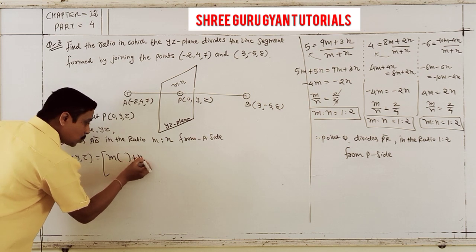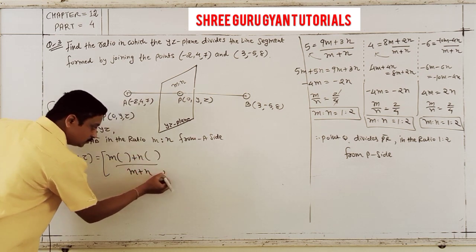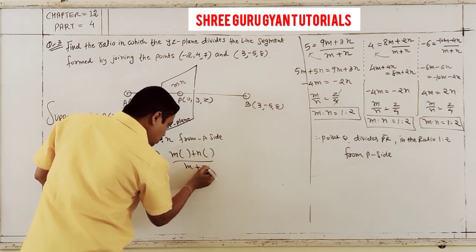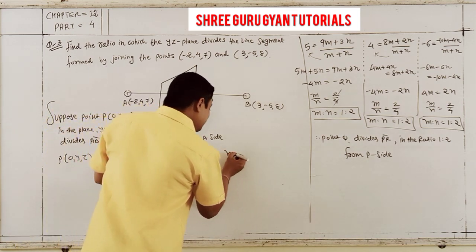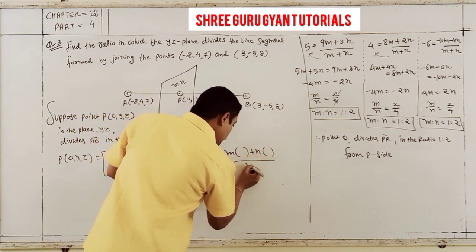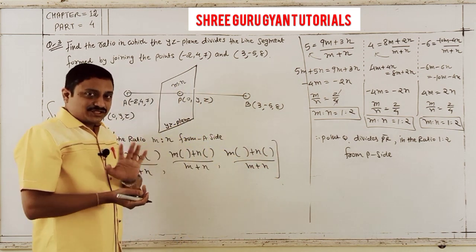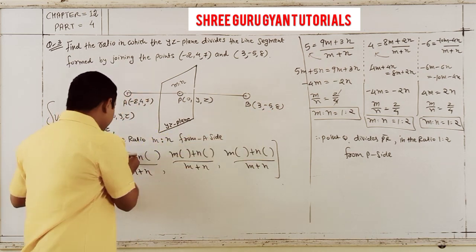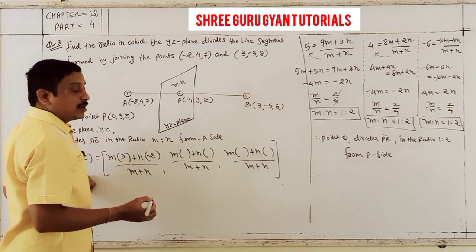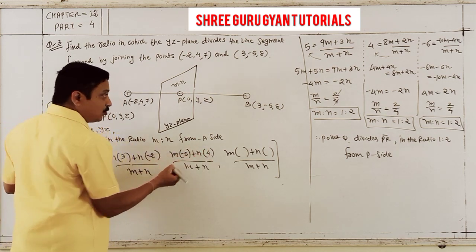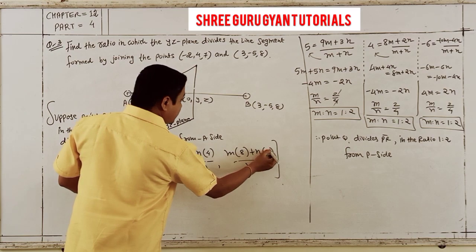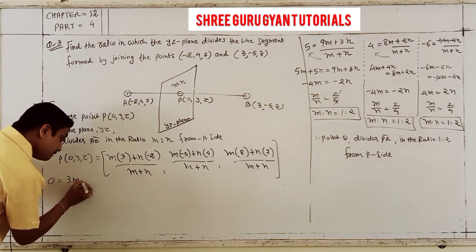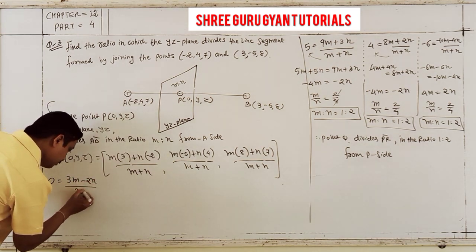So (mx2 + nx1) over (m + n). Similarly, (my2 + ny1), and the same with (mz2 + nz1). Considering x1, y1, z1 as -2, 4, 7 and x2, y2, z2 as 3, -5, 8. Now comparing, for 0 we compare (3m - 2n) over (m + n).